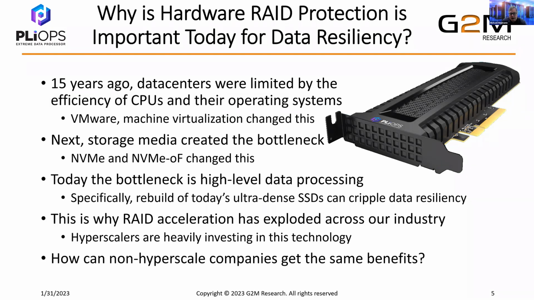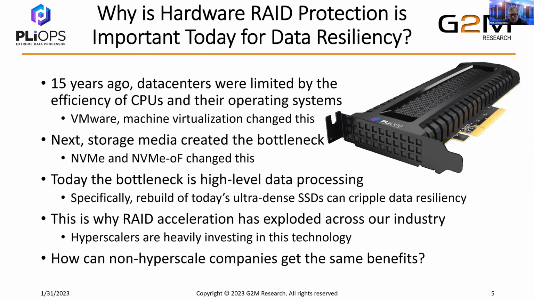Once VMware came out and some of the other tools like that, that really changed. Machine virtualization meant that you could pretty much get your CPU utilization close to 100%. At that point, the rotating media that we had in storage was the big bottleneck. Storage was significantly slower than CPUs could go. Luckily, that got solved about 7 or 8 years ago with NVMe and then NVMe over Fabric. We're at the point now where storage is significantly faster in many cases than the CPUs it's attached to.